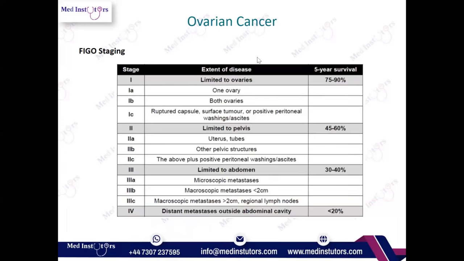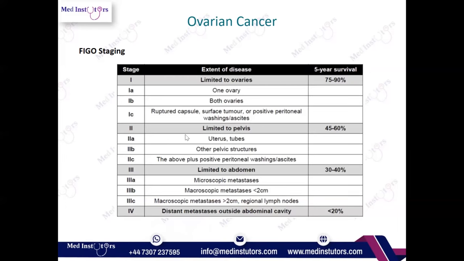Now imagine in your mind how we are going through the different organs of the body and how the ovarian cancer is involving different parts of the body. Since it's ovarian cancer, it begins from the ovaries. So stage 1 is limited to the ovaries. And since it is limited to the ovaries, it is less malignant. There is a good prognosis at this stage.